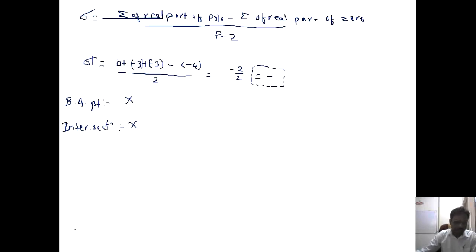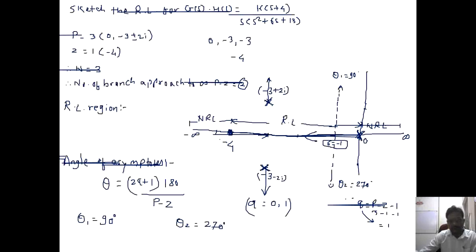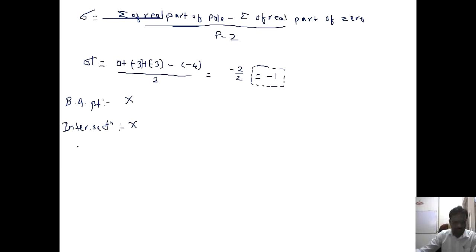After this, as you have a complex pole or complex 0, you need to calculate the angle of departure. So for calculating the angle of departure, that is phi d, phi d has a formula.